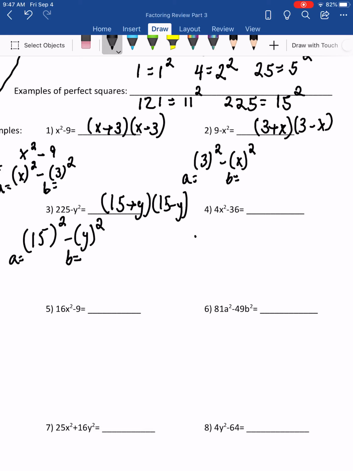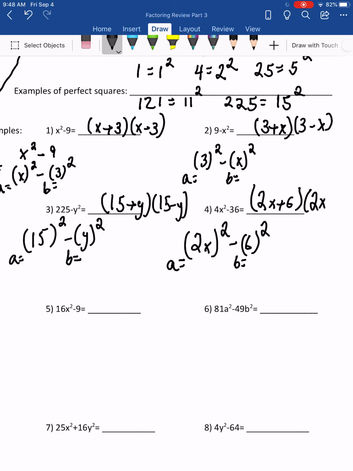So 2 is a perfect square, x is a perfect square, (2x) squared, minus 36, so that's going to be 6 squared. So a is equal to 2x, b is equal to 6, so that means we have 2x plus 6 times 2x minus 6.